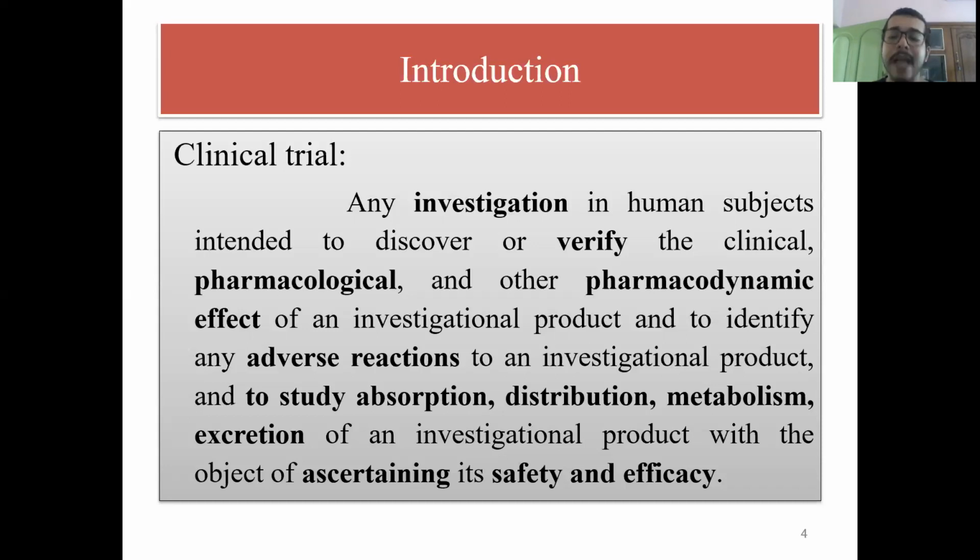In different trials, whenever a trial starts, there are basically two ways it starts. First is target oriented, second is non-target oriented. Target oriented means, suppose I give you the example of the current situation.